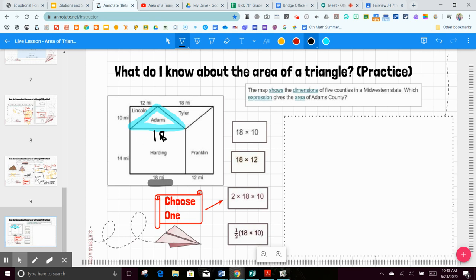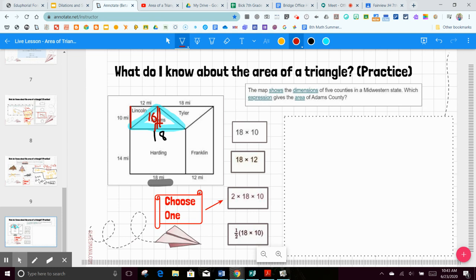Next, since this is my base, I need to know my height, which should be a right angle to my base. Do you see another value that gives me the length of this line? Yeah, this line right here. So therefore, the height of this triangle is going to be 10.